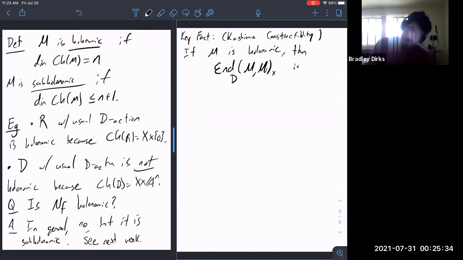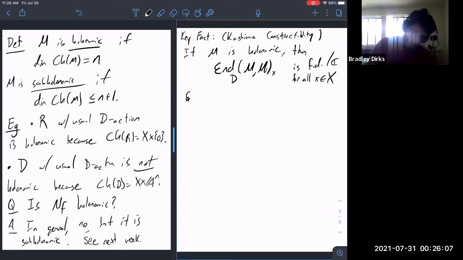This is finite dimensional over C for all x in X. This is a key fact, and we're going to use this next week. Basically, our goal will be to show a certain module is holonomic, and then use the fact that this is finite dimensional to get a minimal polynomial of a certain endomorphism of that module.